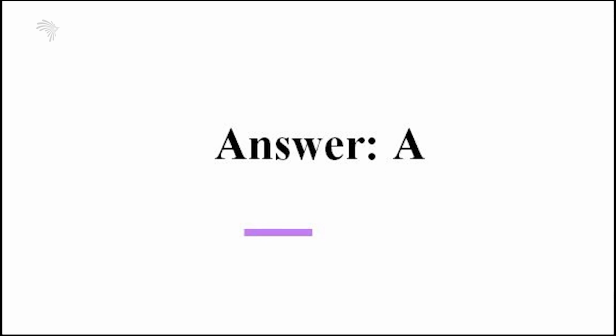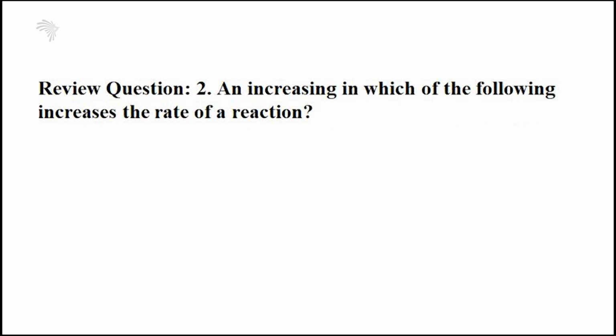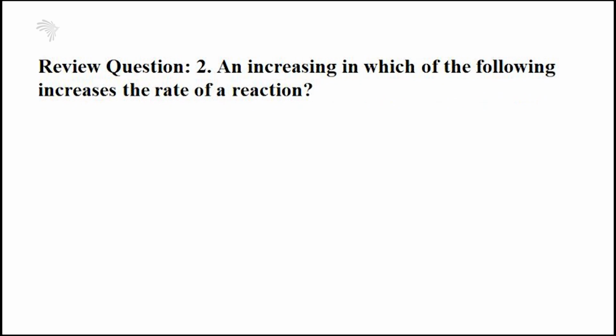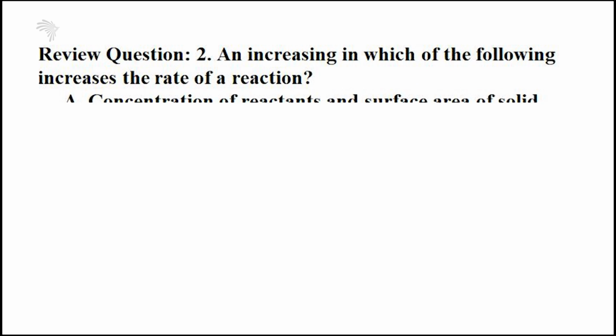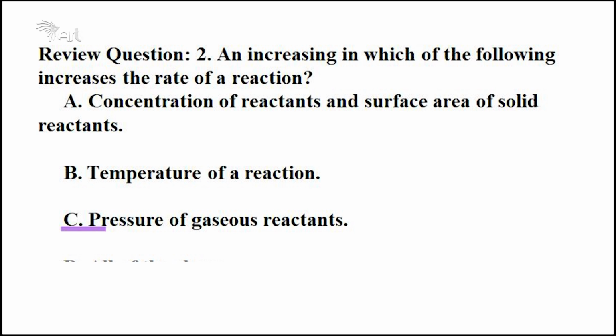Now let's move on to question number 2. It says, an increase in which of the following increases the rate of a reaction? A, concentration of reactants and surface area of solid reactants. B, temperature of a reaction. C, pressure of gaseous reactants. D, all of the above.